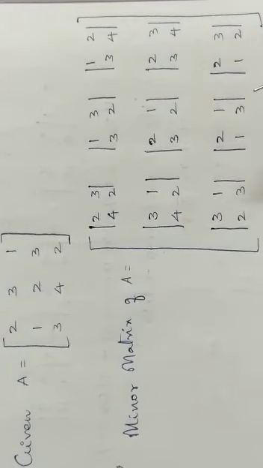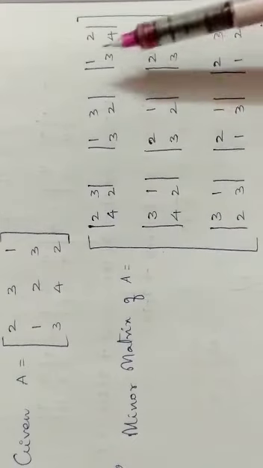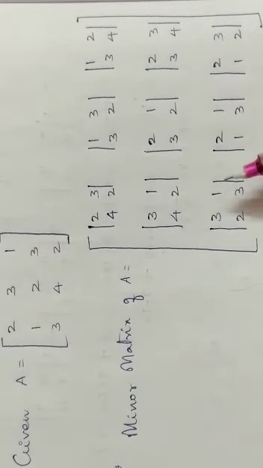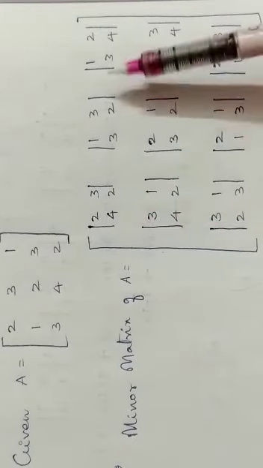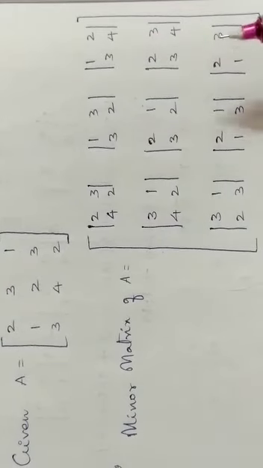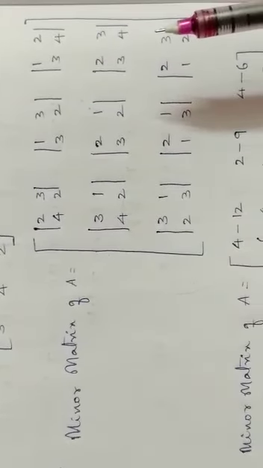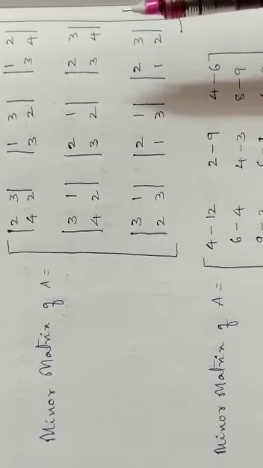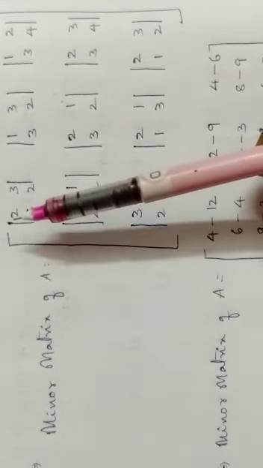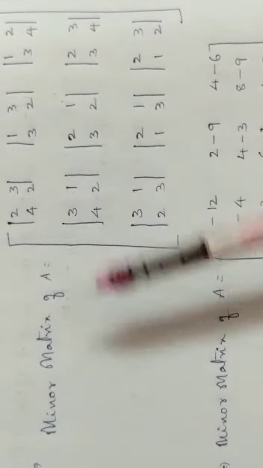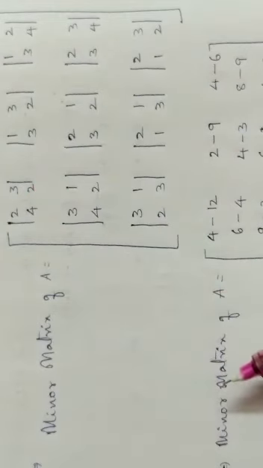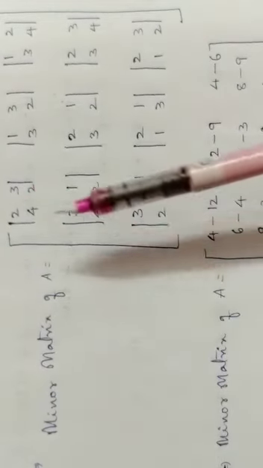Now, we simplify these determinants. AD minus BC, again minor matrix of A equals the simplification.